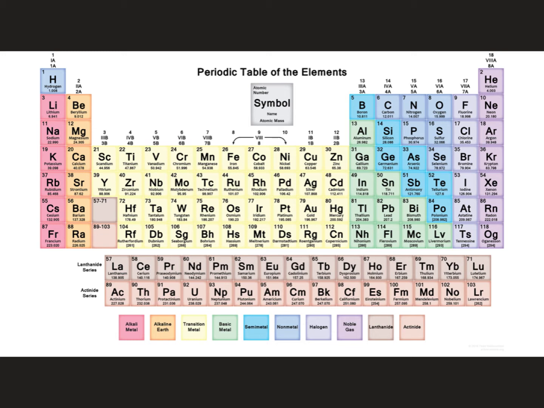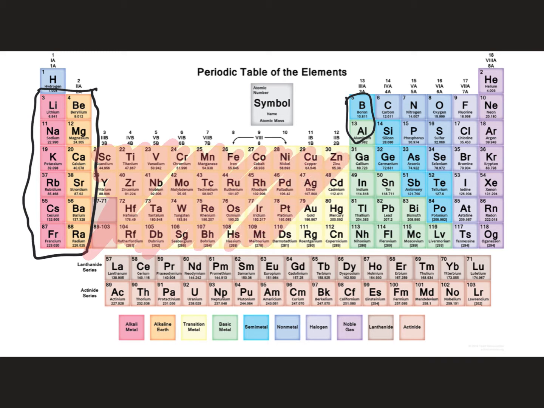When I talk about metals, everything in these first two columns, the alkali and alkaline columns, are metals. Every now and then you might see a compound done with boron and aluminum as well, but for the most part, it's just these two columns over here. All of this stuff in the middle here are transition metals, and we're not worried too much about transition metals.